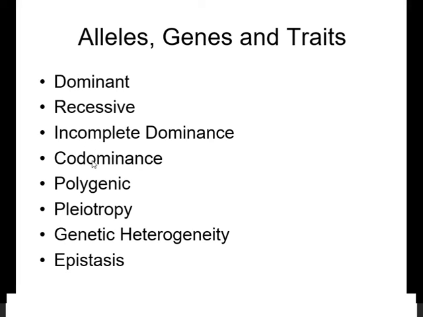Again, incomplete dominance and codominance are really the only 2 that people tend to mix up. Incomplete dominance is basically when both alleles mix together and give a combined phenotype. We call it an intermediate phenotype. Codominance is when you get both phenotypes simultaneously.